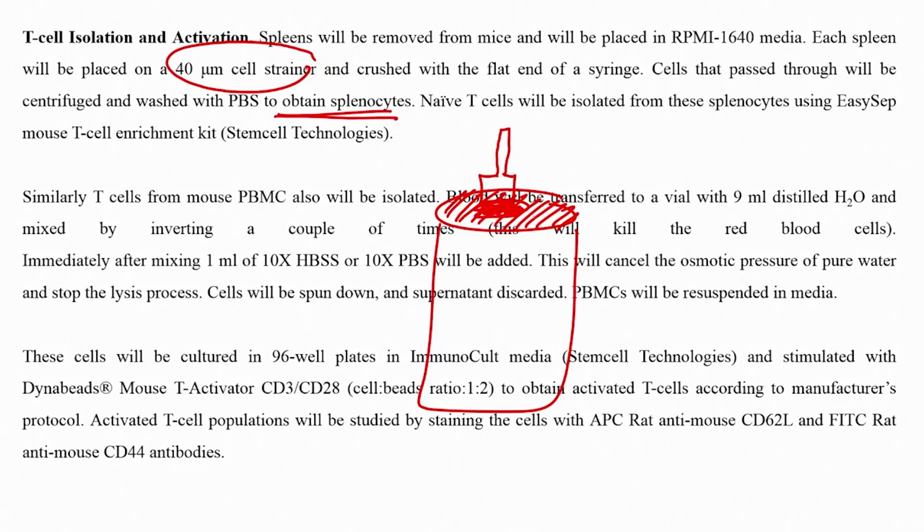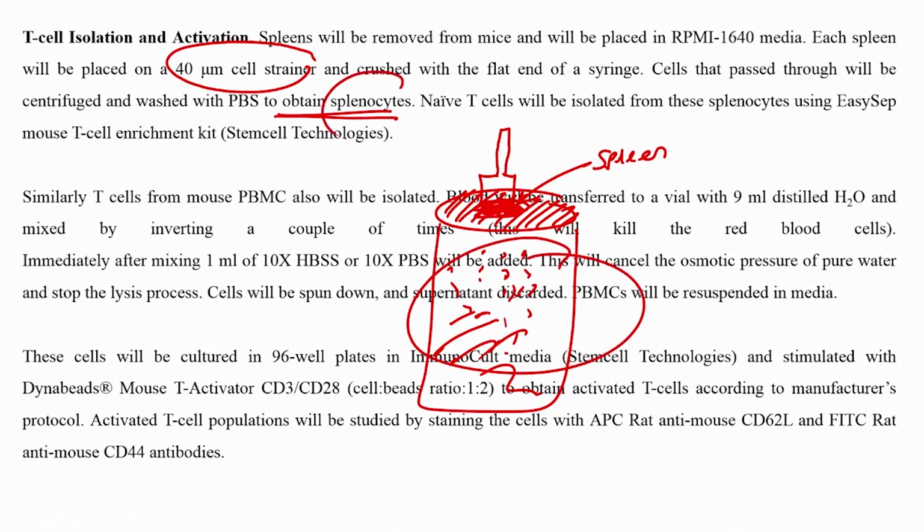This is the spleen, there is media here, and the cells will come out from the spleen. When you crush it, these cells are nothing but your splenocytes. The spleen is obtained from the mice.